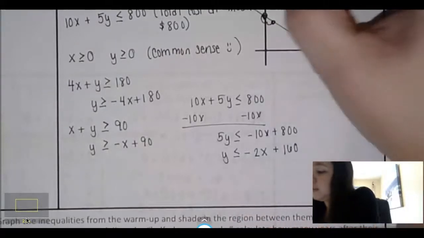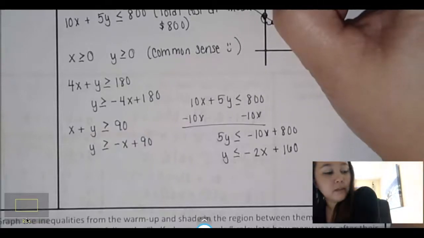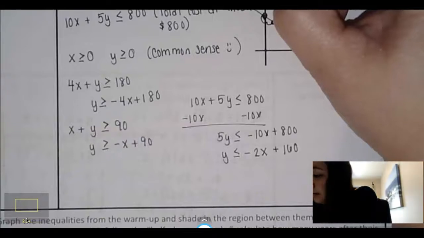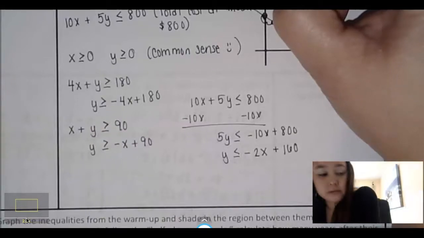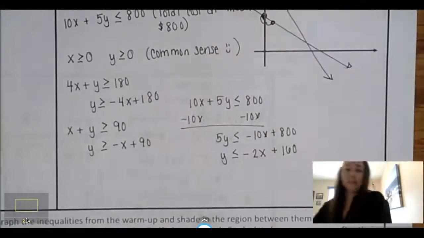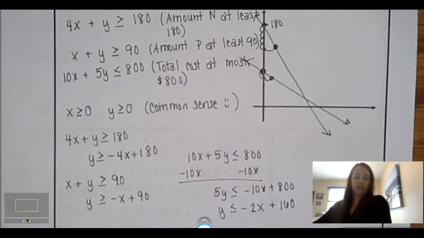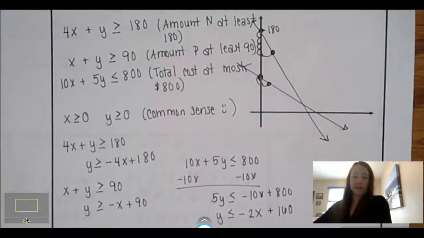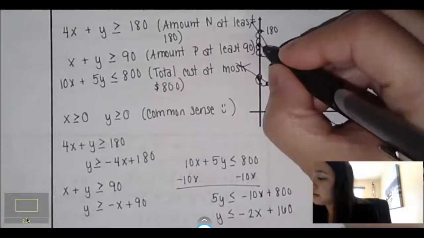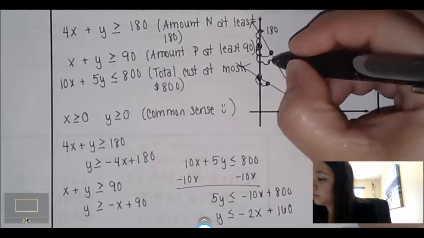So 160 is going to be just a little bit below 180, somewhere around here maybe. And we're going to go down 2 over 1.